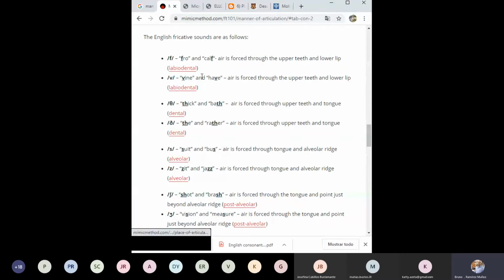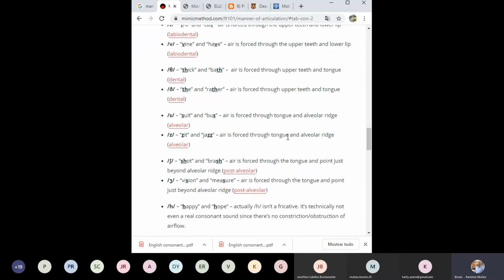Both of them are labiodental, and both of them, of course, are fricative because there's friction created by the upper teeth pressing the bottom lip. And the only difference between these two is that the first one is voiceless and the second one is voiced. In the production of the first one, there's no vibration of the vocal folds, whereas in the production of the second one, there is.